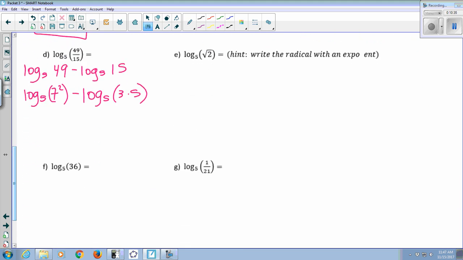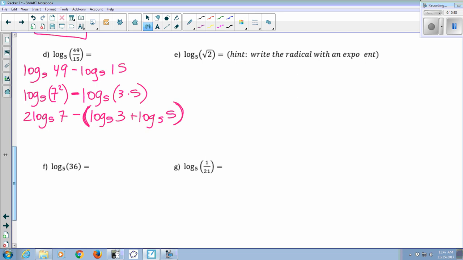All right, log base 5 of 7 squared. I'm going to use my power rule to bring the 2 down in front. 2 times log base 5 of 7. And then this is going to be minus log base 5 of 3 plus log base 5 of 5. And you can't forget these parentheses because I'm subtracting log base 5 of 3 times 5.